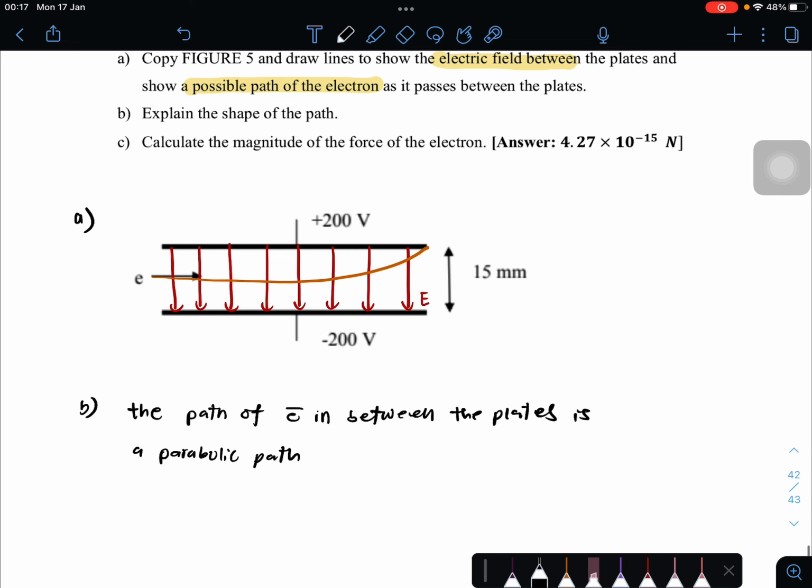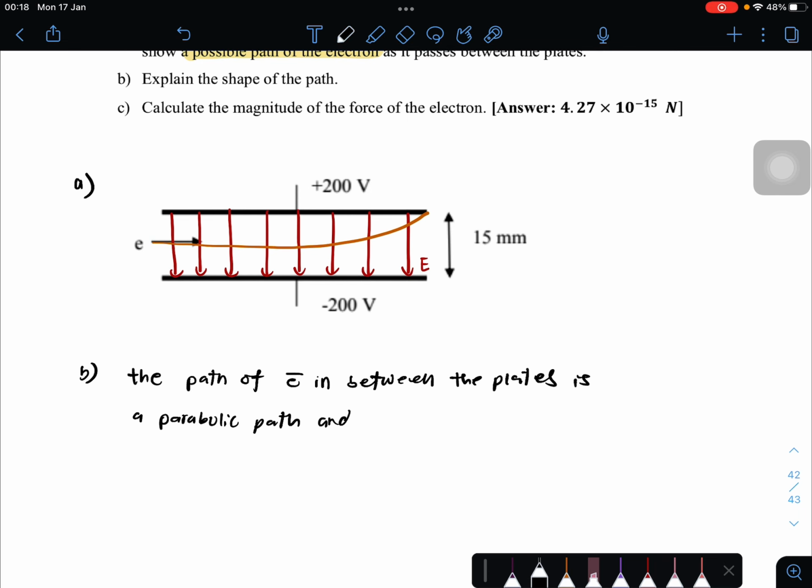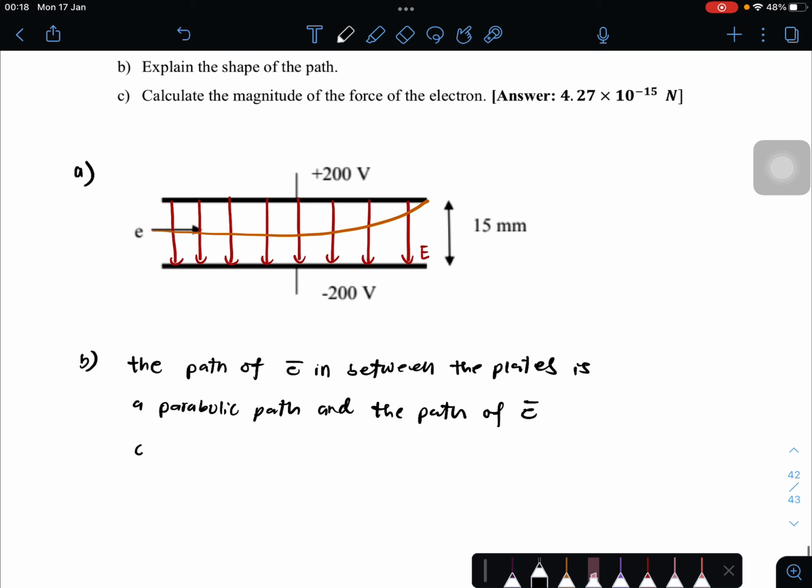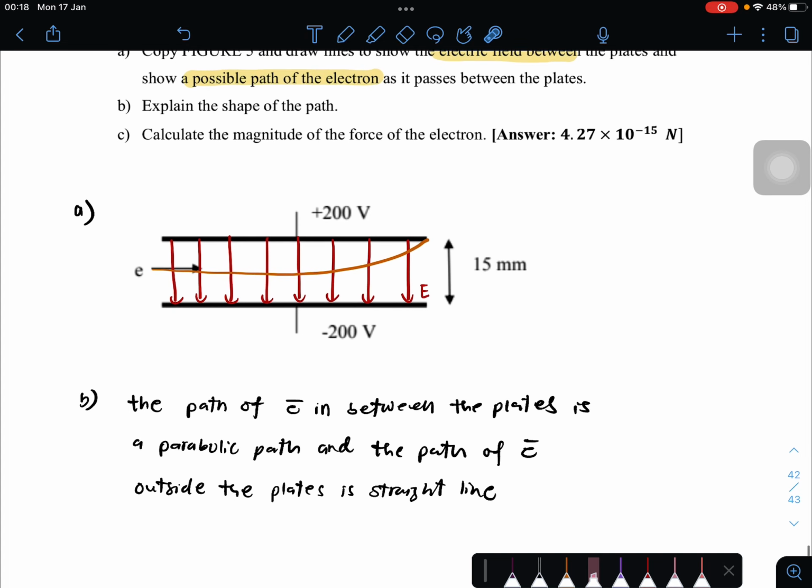Or you can just also mention that, and the path of electron outside the plates is straight line. Okay, sebab dia initially dia adalah straight line dekat luar, and then apabila dia masuk, barulah dia start to deflect.